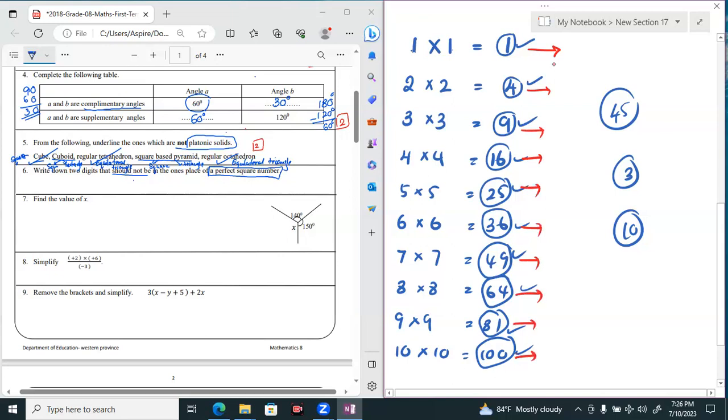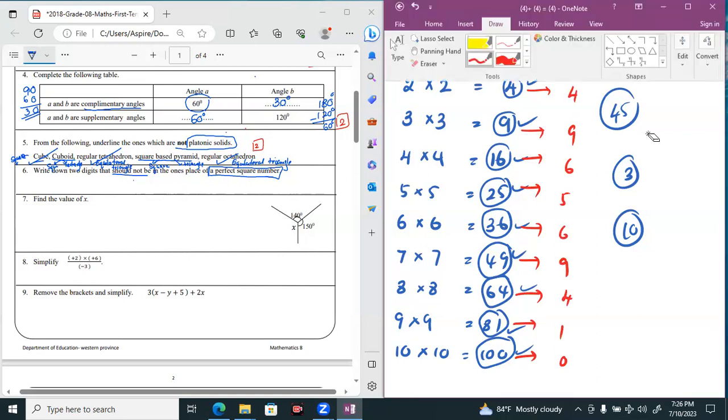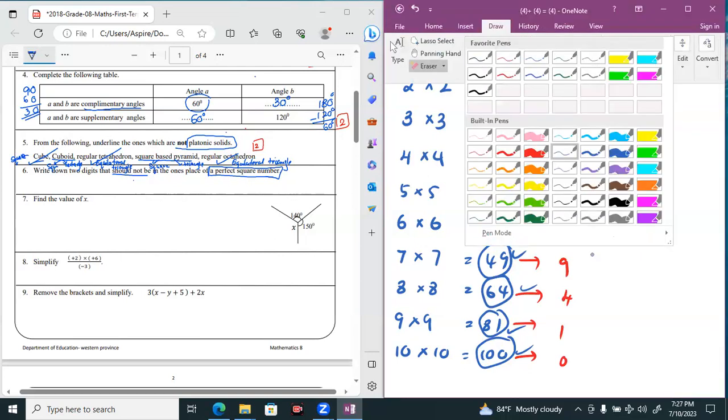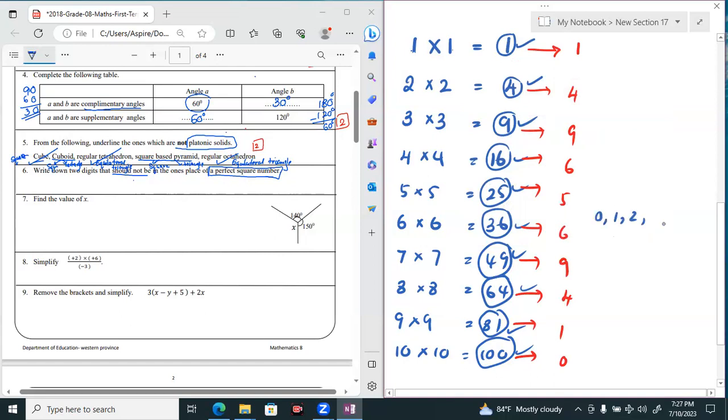If we examine the digit of the ones place of each of these, look, here it is 1, here it is 4, 9, 6, 5, 6, 9, 4, 1, 0. එහෙම බැලුවොත් පුතේ අපිට digits කීයක් තියෙනවද maths වලදී? mathematics වලදී digits 10ක් තියෙනවා. මොනවාද digits 10? 0, 1, 2, 3, 4, 5, 6, 7, 8, 9 කියන digits 10 තමයි අපිට maths වලදී. මේ digits 10 use කරලා තමයි අපි මේ සංඛ්‍යා හදලා තියෙන්නේ. හරිද? එතකොට මේ වගේම බලන්න 1 කියන එක තියෙනවනේ. 1 is there, 4 is there, 9 is there, 6 is there, 5 is there, 0 is there.